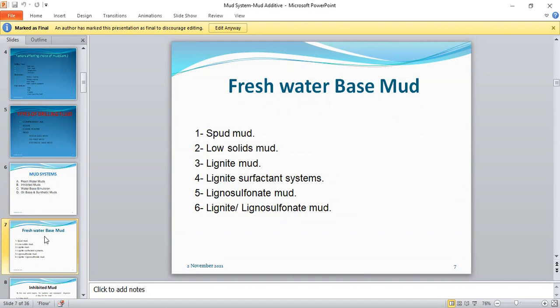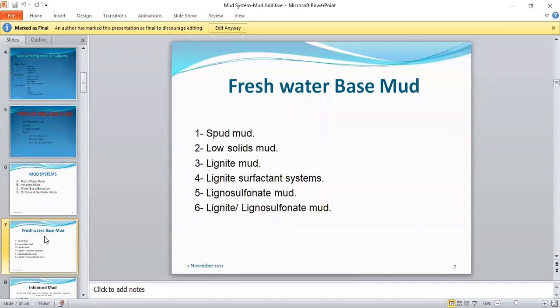Then we have lignite surfactant mud. You know, surfactants are things like, let me use the layman language, things like detergent, things that have surface-acting qualities, such that when you have a surfactant in a particular place, it will help clean that area.